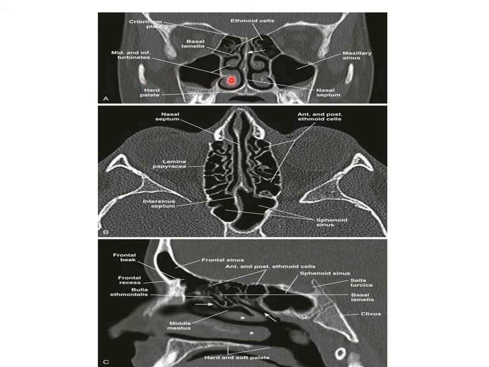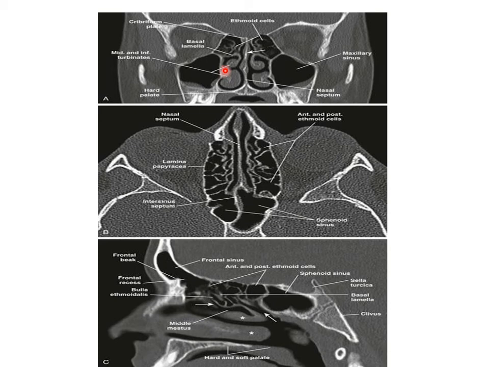turbinates, which are three bony protuberances of each nasal cavity. The superior meatus is adjacent to the superior turbinate, drains the sphenoid sinus and posterior ethmoid cells. Middle meatus is lateral to the middle turbinate.